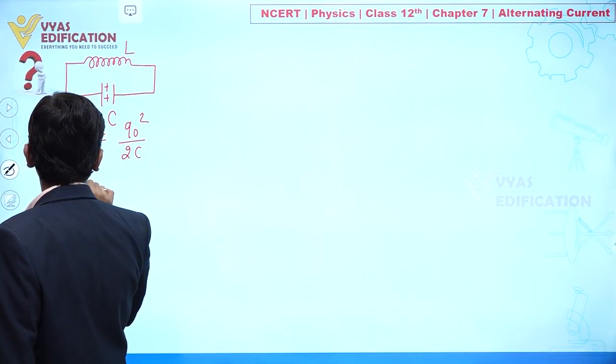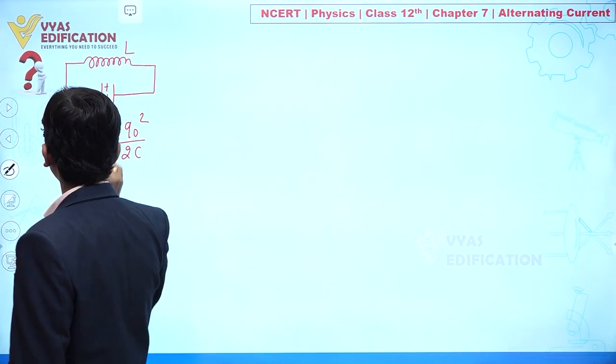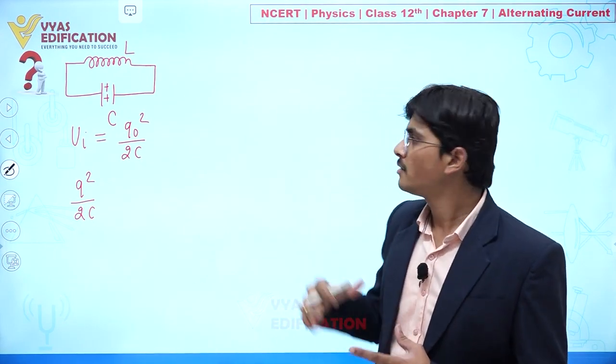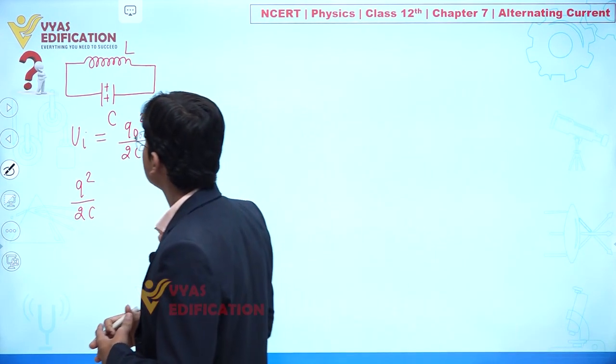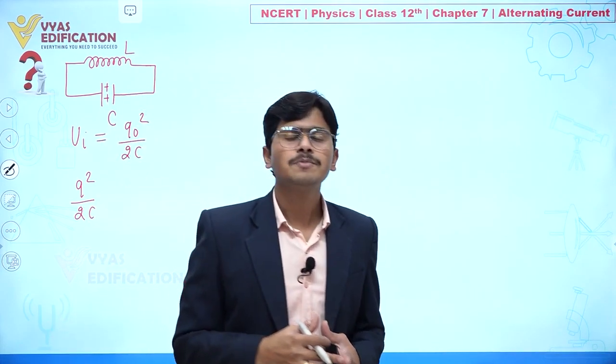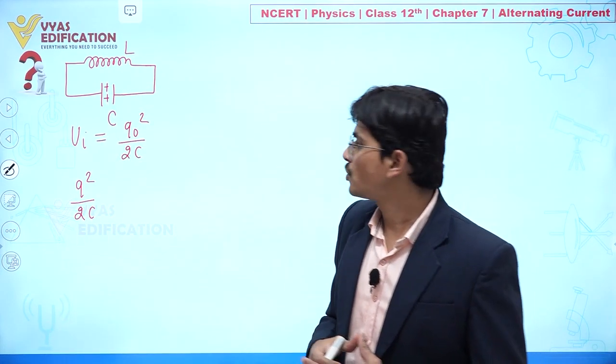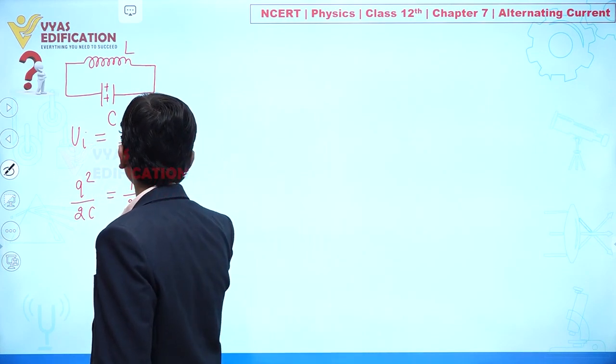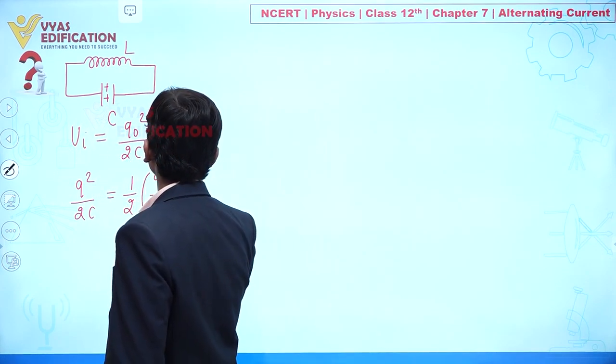But it is given that now this energy is equally distributed in the capacitor as well as the inductor. So suppose at any instant the charge present on this capacitor is Q. Then Q square by 2C is given by 1 by 2 of the total energy present.